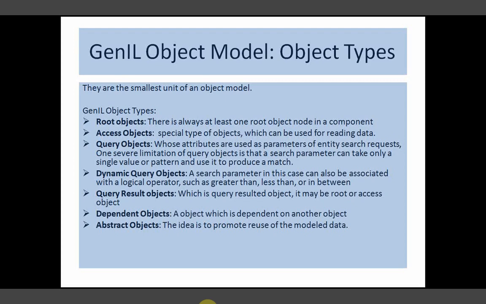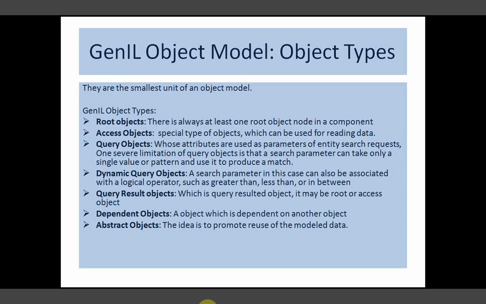We know the purpose: the data at runtime should be stored somewhere. So that data is formatted and embedded in an object model. The objects like root object, access object, query object, dynamic query object, query result object, dependent object and abstract object each have their own set of rules.